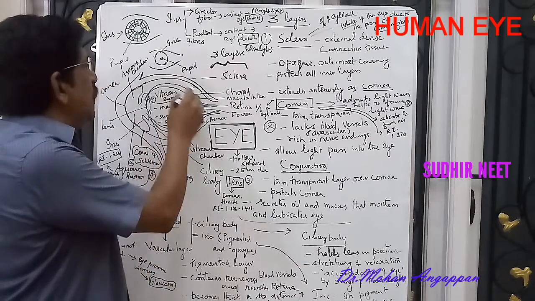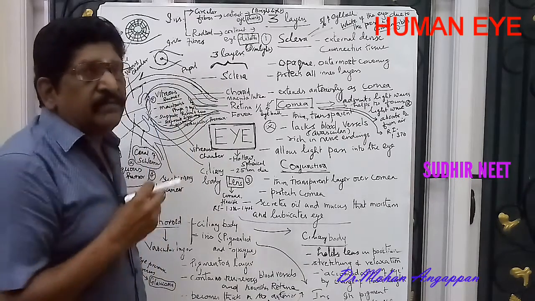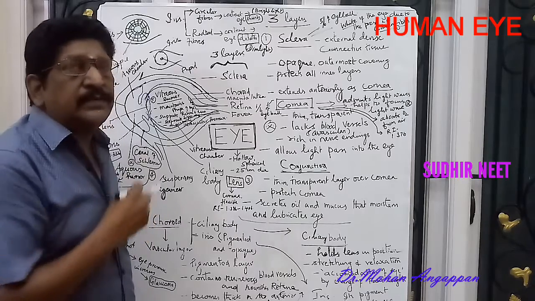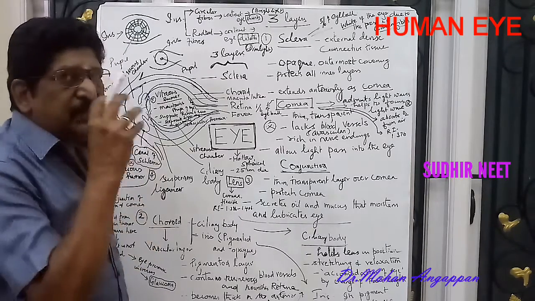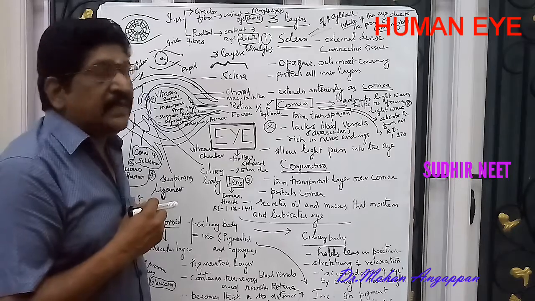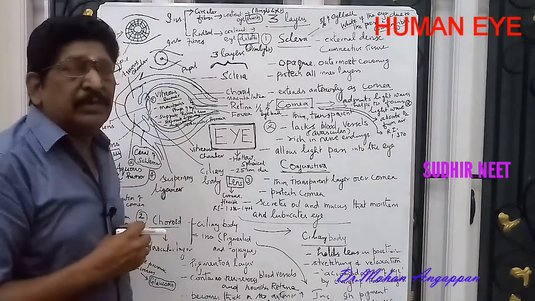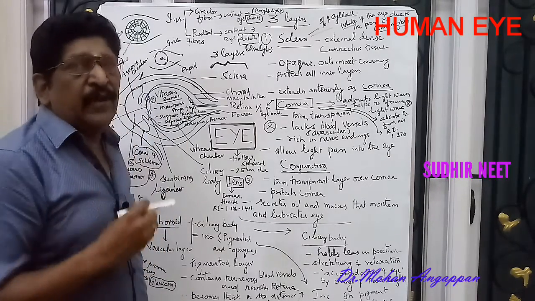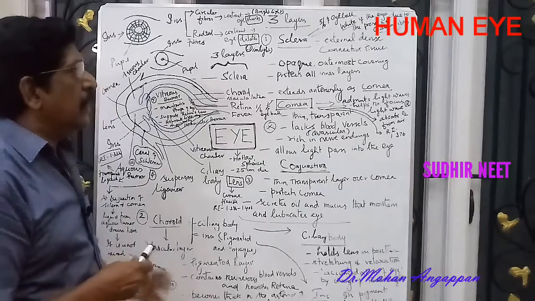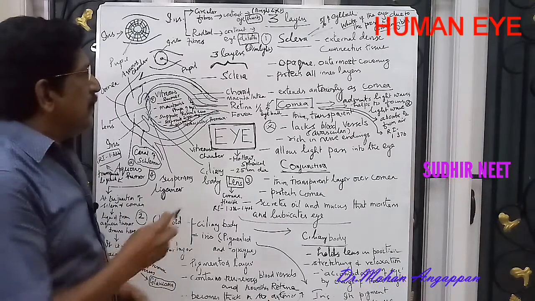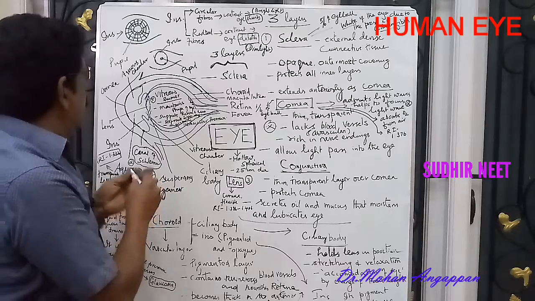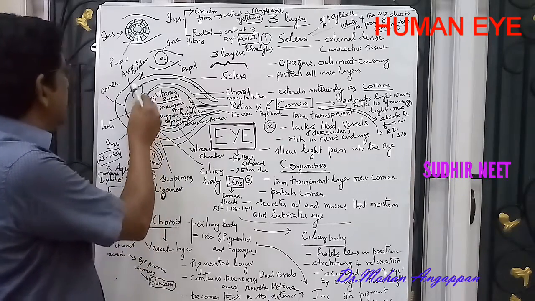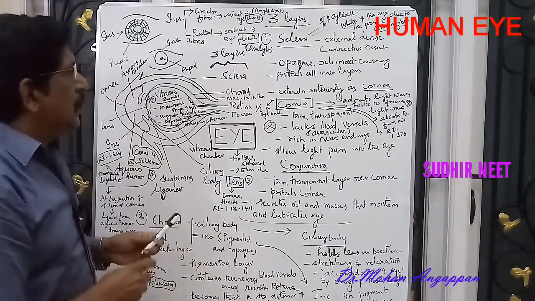The sclera is called the white of the eye due to the presence of collagen fibers. This extends anteriorly, as I told you, as cornea.